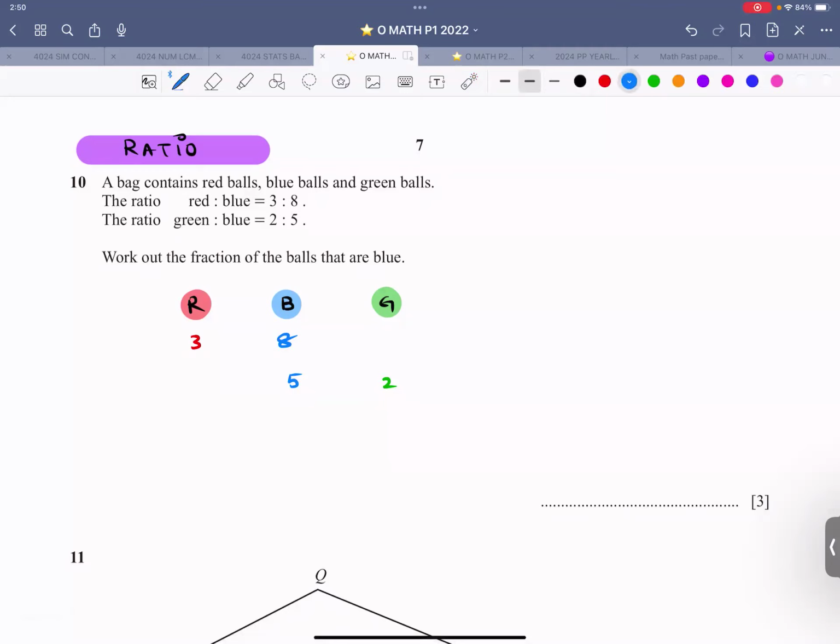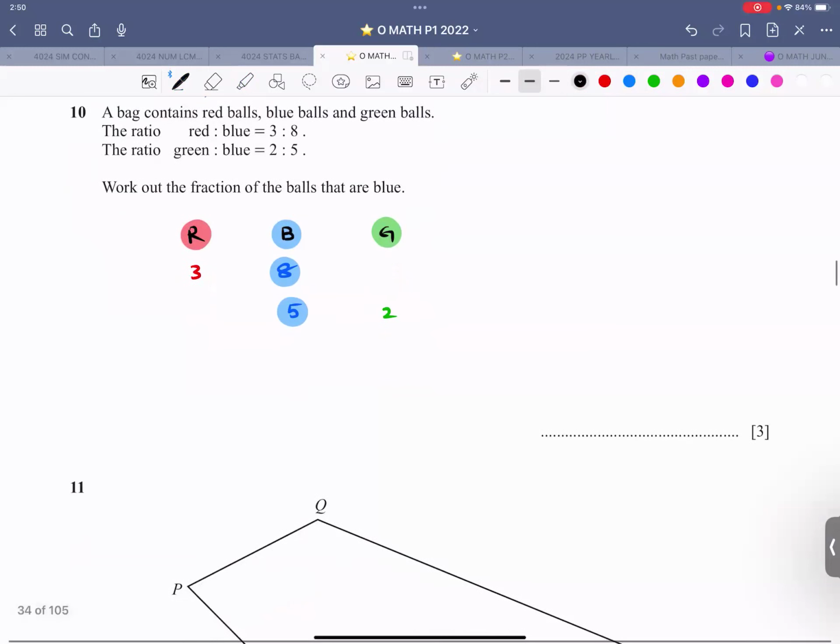So what we do is let me use the concept of LCM. If I focus on the blue, that's 8 and 5. So the LCM of 8 and 5 is 40. So therefore, first of all, red is to blue, and then blue is to green.